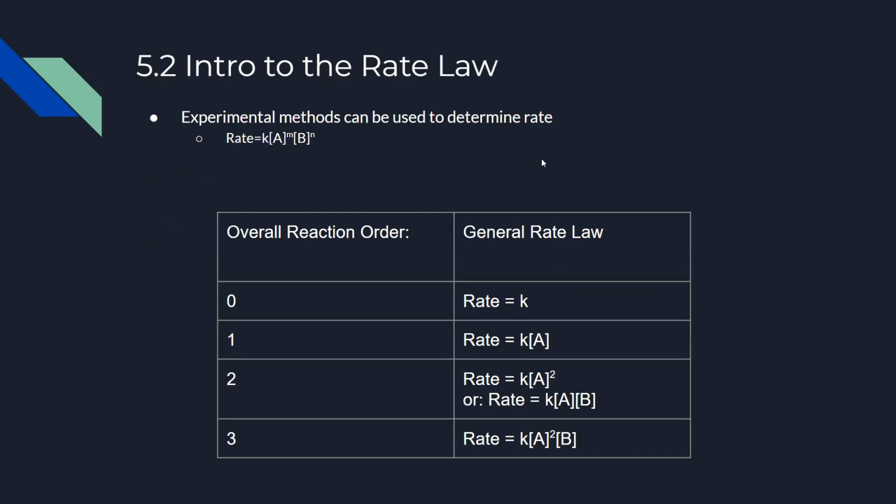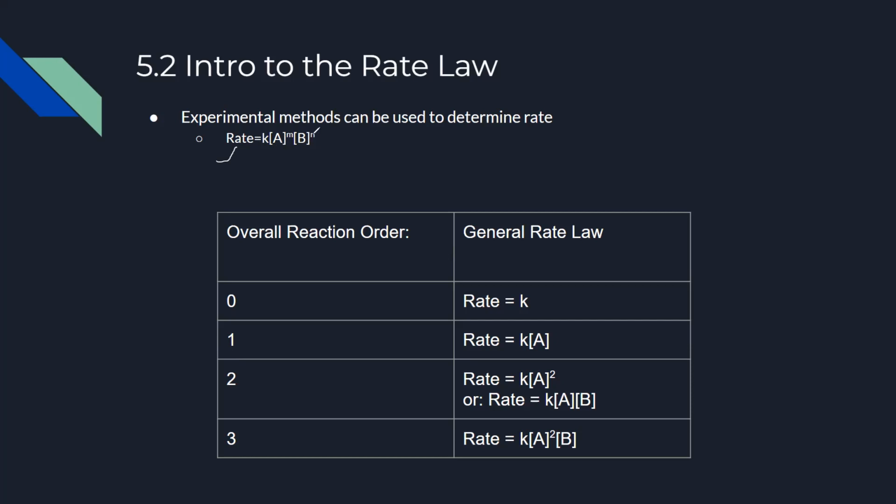So the rate law is basically used as an experimental method in order to determine the rate of a reaction. And the rate law, so let's first go and explain all the variables. The rate is basically how fast the reaction is.